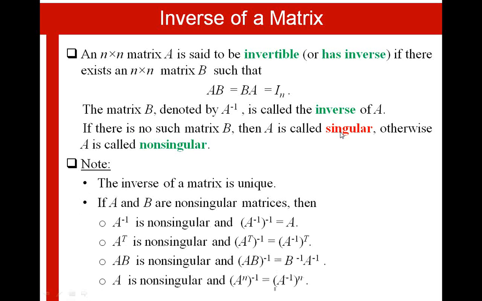What are the properties of the inverse of a square matrix? Number one, the inverse of a matrix is unique. Number two, if A and B are non-singular matrices, non-singular meaning invertible matrices, then A minus 1 is non-singular, and the inverse of A minus 1 is equal to A. In other words, if we perform the inverse of the inverse, we obtain the original matrix.